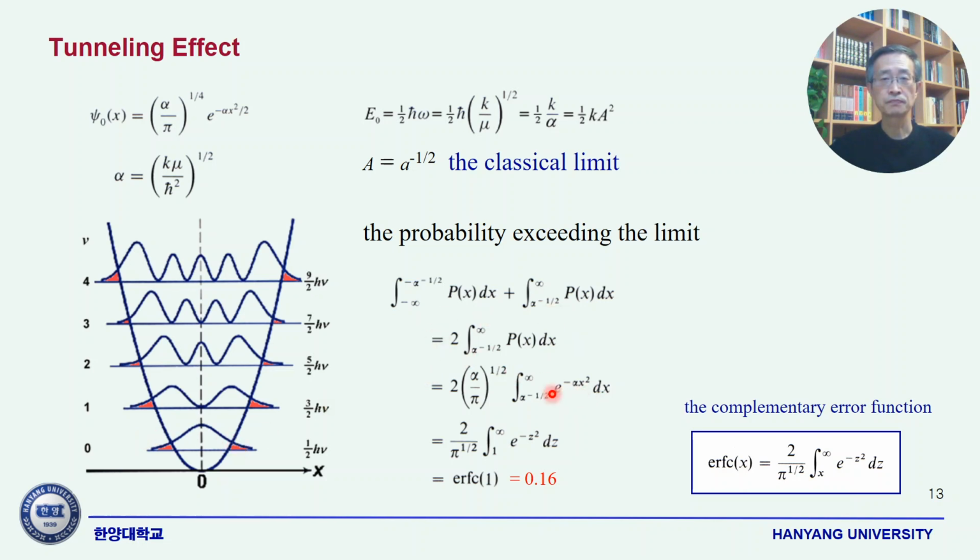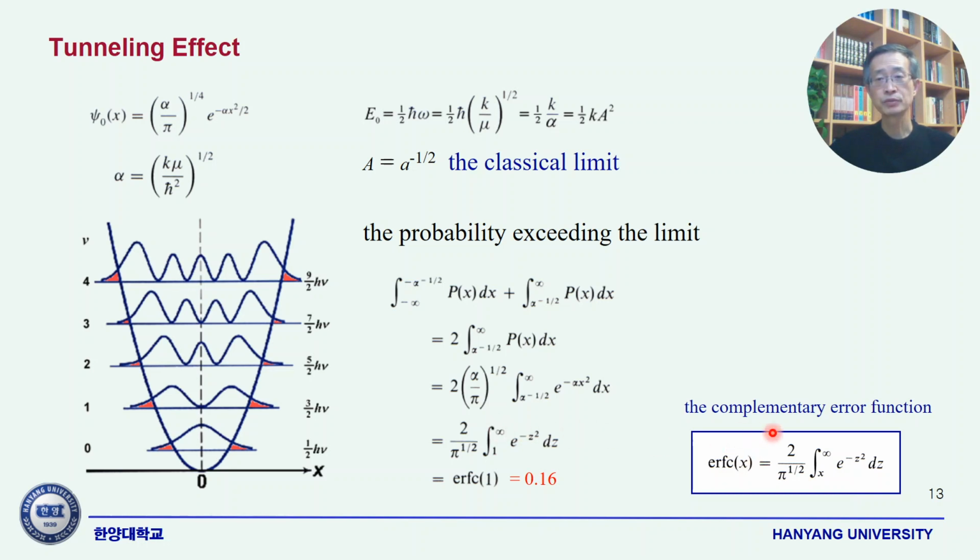Put this function here, squared of course, and then you obtain this, which is known as the complementary error function. We substitute it in this complementary error function form, and the lower limit is 1 to infinity.